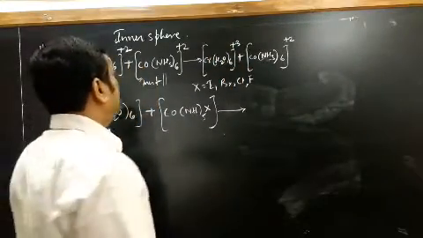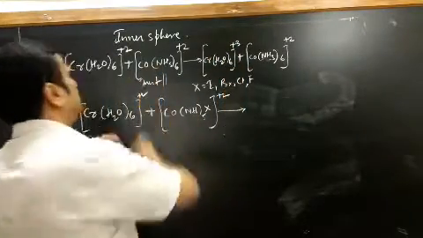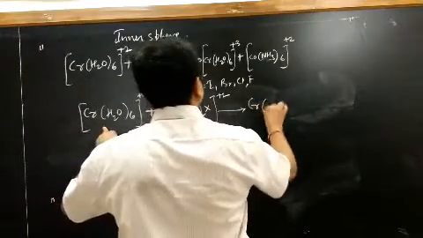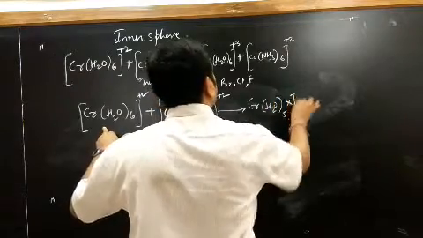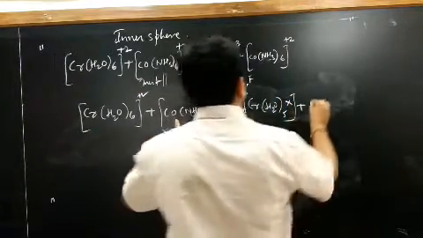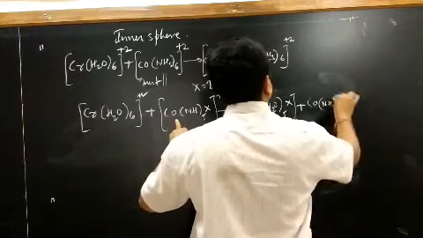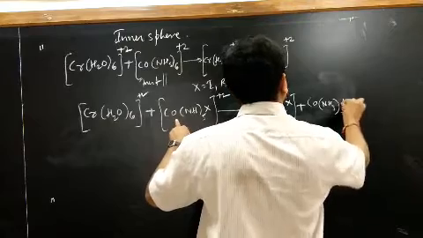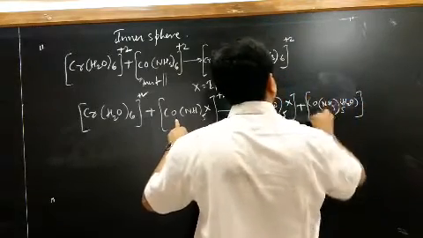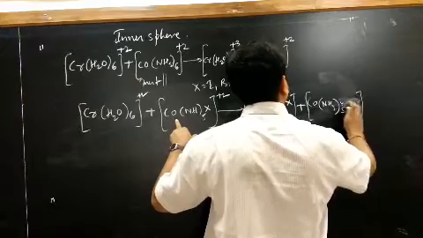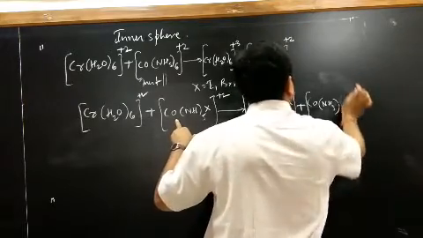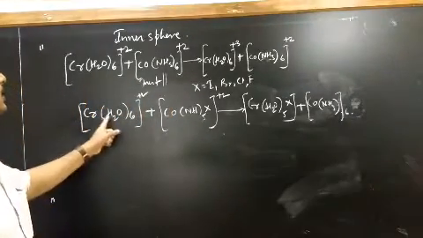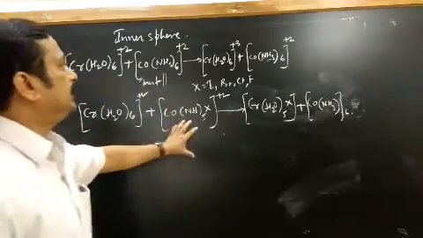Now what will happen here? This has a plus 2 charge. If I go for the inner sphere mechanism, what I am going to get is Cr(H2O)5X plus Co(NH3)5 or Co(NH3)6. So Cr(H2O)6 plus Co, if I treat it here, what will happen?